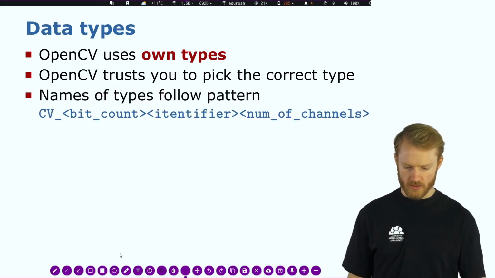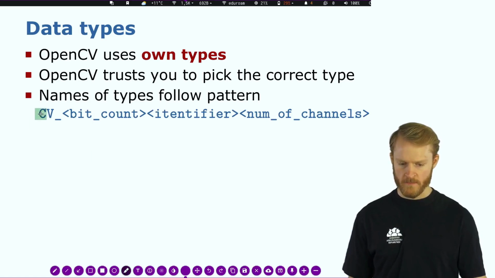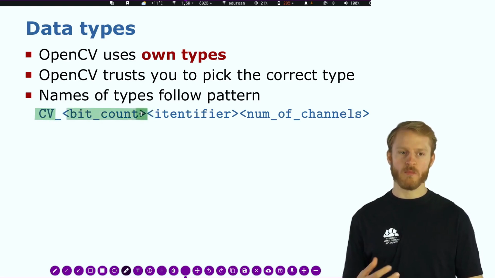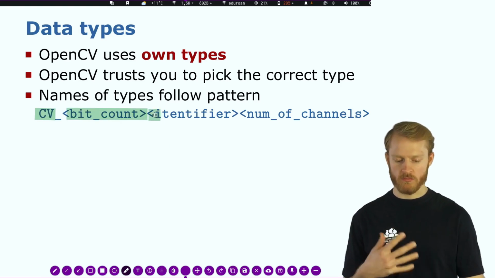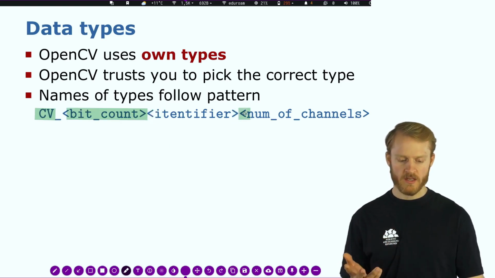So the types in OpenCV are usually this: the CV prefix, then a bit count, which is basically how many bits the type will contain, then an identifier and the number of channels.